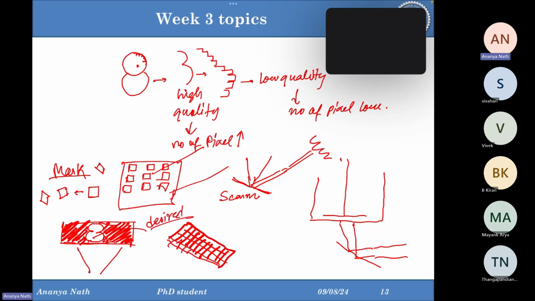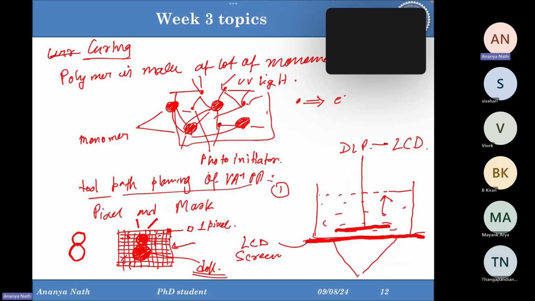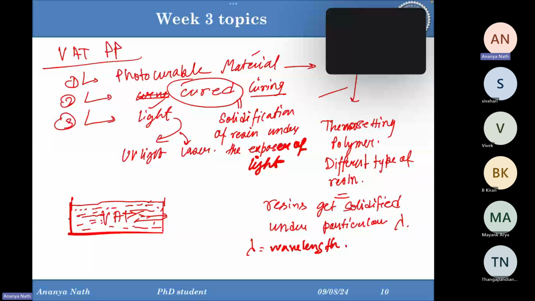So this is what mask means. That is why it's called mask. So pixel and mask. And then for vat photopolymerization, there are three main topics.